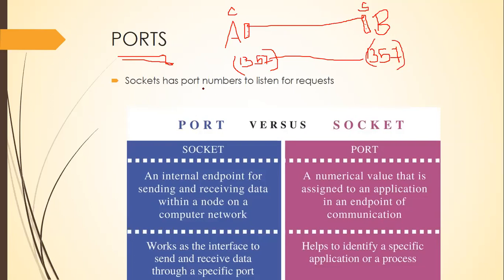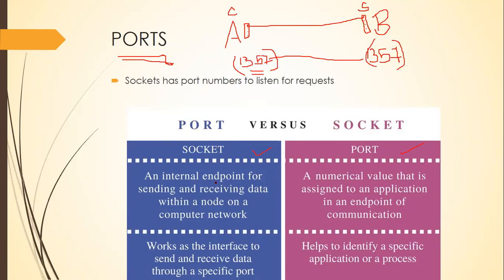So that is what you mean by a port number. A port number is actually a numerical value, usually an integer, through which you communicate via your socket. Now I've given the differences between a socket and a port.